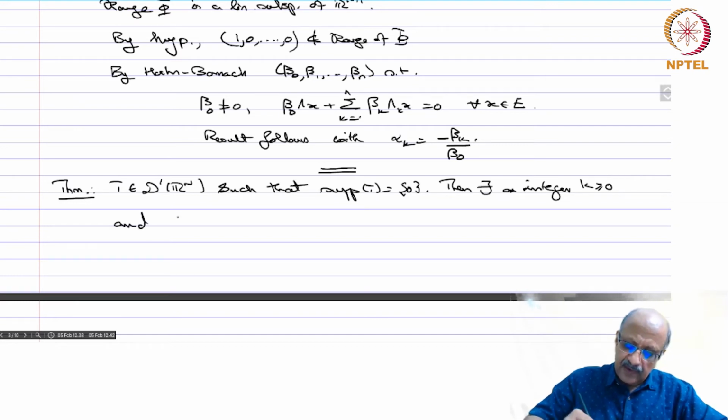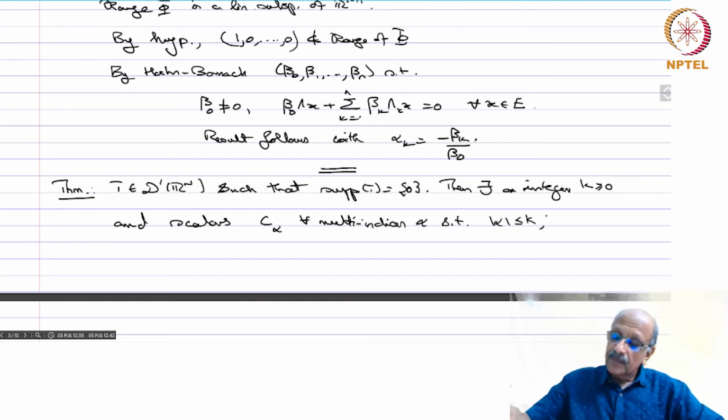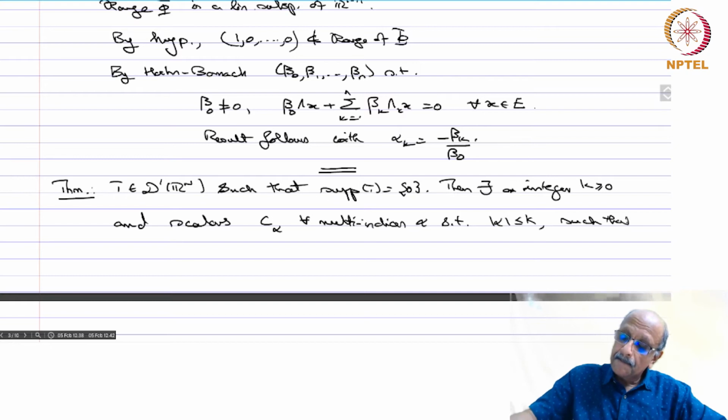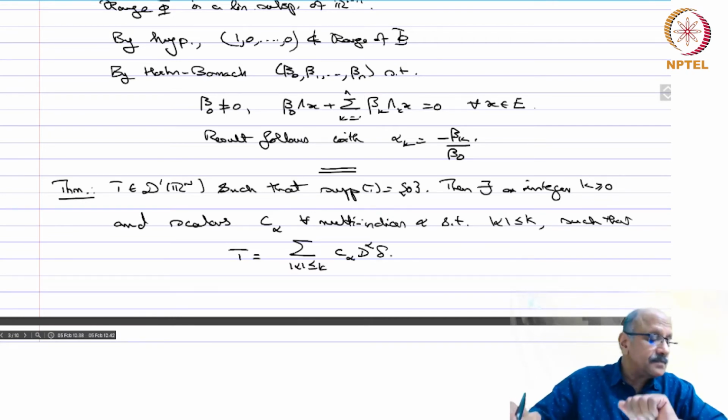and scalars C alpha for all multi-indices alpha such that mod alpha is less than or equal to k, such that T is equal to the sum over mod alpha less than or equal to k of C alpha D alpha delta, where delta is the Dirac distribution.